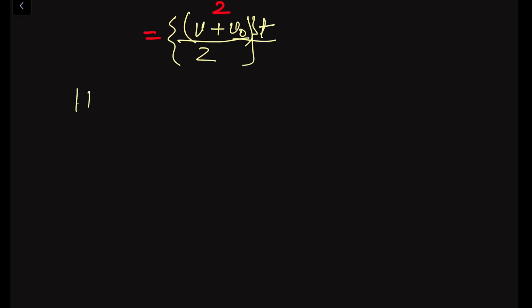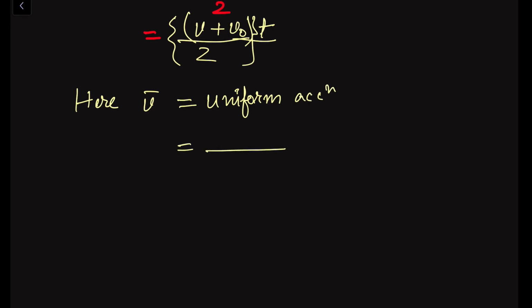Suppose V bar is equal to the uniform velocity. V bar is nothing but V plus V0 divided by 2.